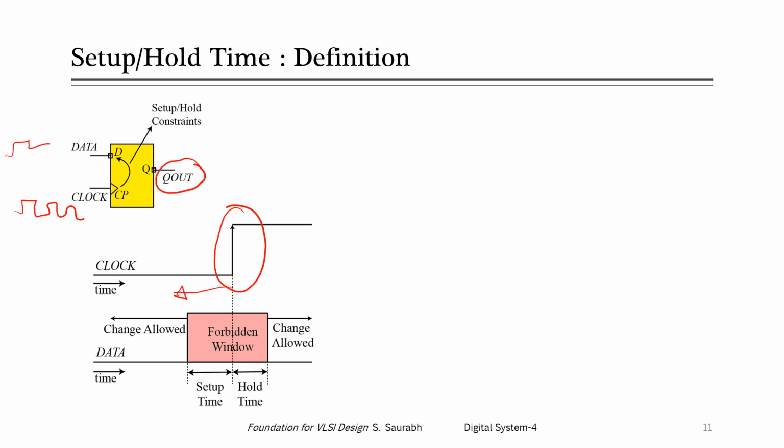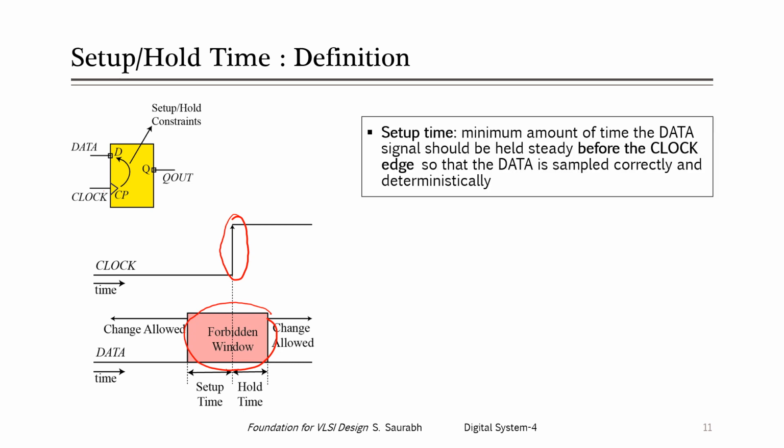So the setup and hold constraints basically define a forbidden window around the clock edge where no change in data is allowed. On the left hand side, we have what is known as the setup time constraint, and on the right hand side we have the hold time constraint. So let us understand the definition of these constraints.